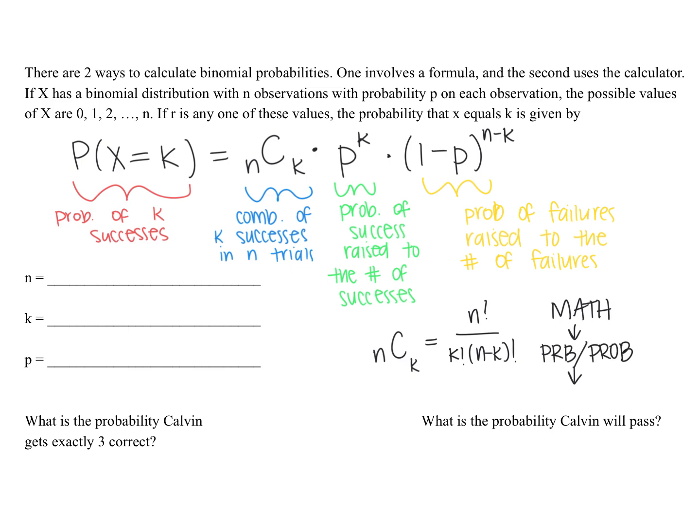And then you want number 3, and it says NCR. That will allow you to do a combination in the calculator without having to write out the factorial. So N is your number of trials. K is your number of successes.